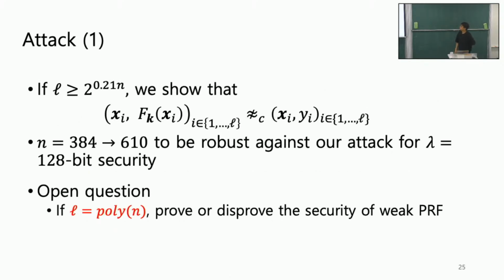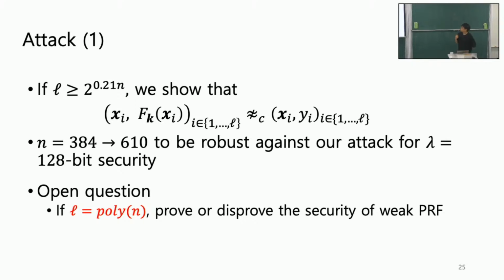So in summary, when you have exponentially many samples larger than 2 to the 0.21 n, we can show that we can distinguish two joint distributions, and a parameter n must be increased to 6.0 to be secure against our test.